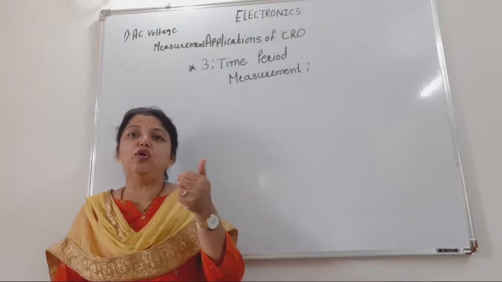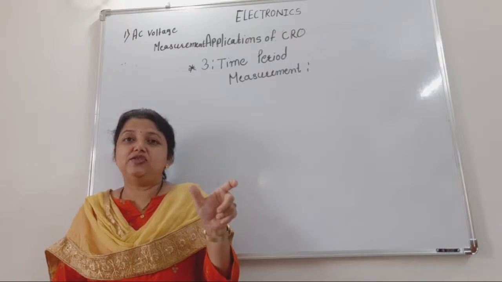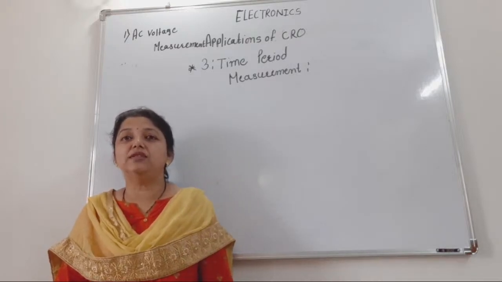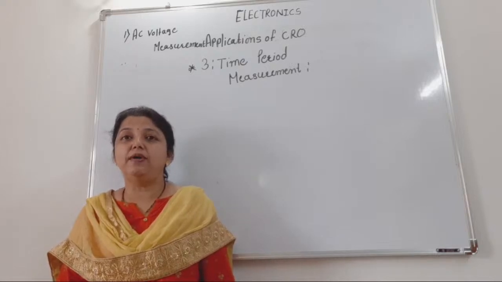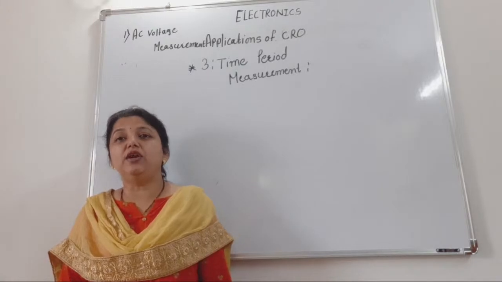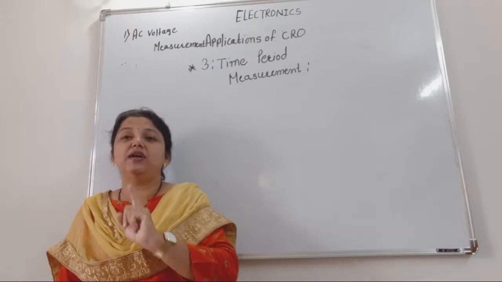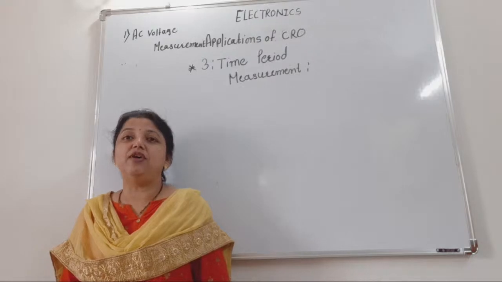By varying the volt per division knob, we adjust for DC voltage also. For DC voltage we just see a straight line, and for AC voltage we see a sine wave with positive and negative half cycles.